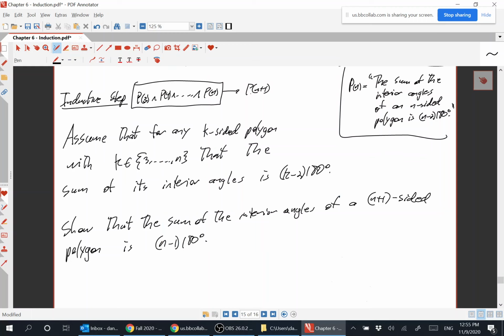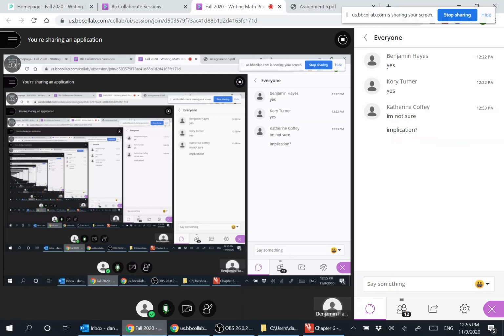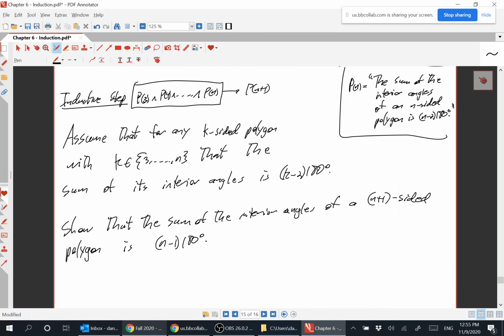This thing we're assuming, it's called what? It's the hypothesis of this implication. The induction hypothesis.